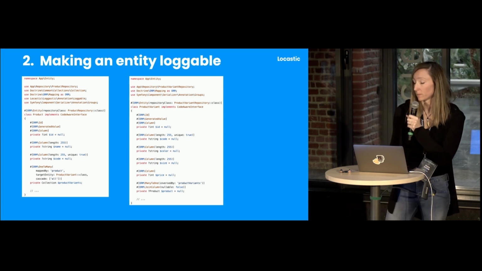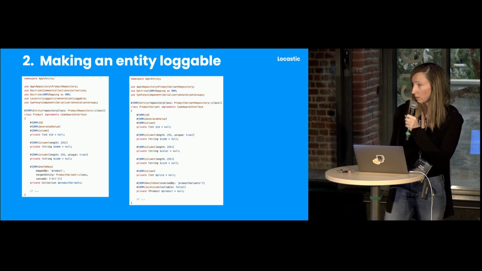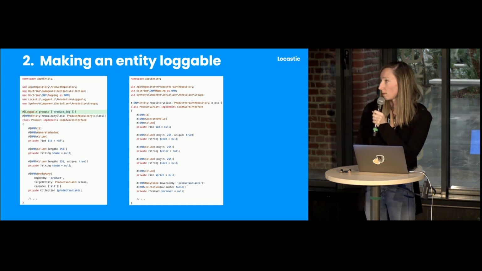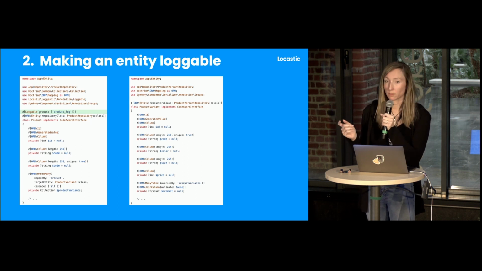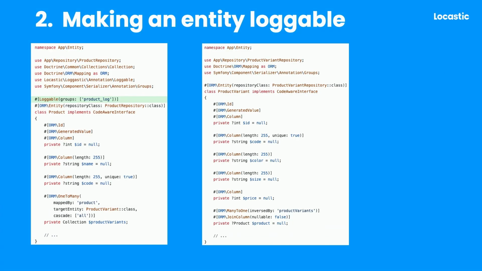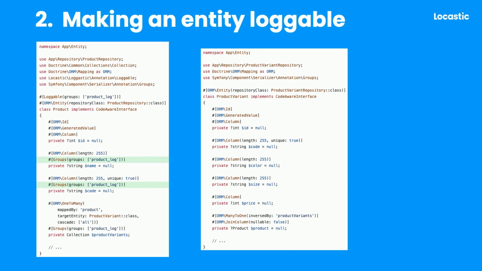So in order to make our entity loggable, we just add this loggable attribute on top of the product, and we define the group we want to use. In this case, it's a product log. The next step is to define the fields we want to track. So we add that serialization group we use on the top to the fields we are tracking.